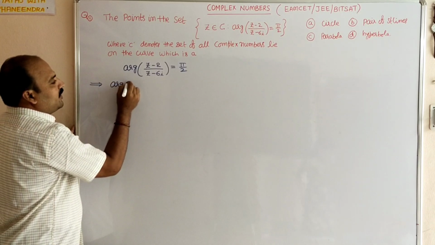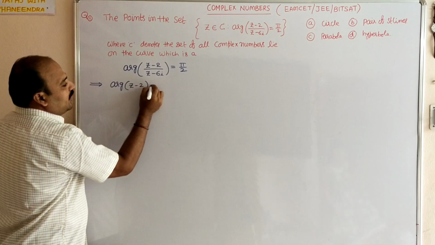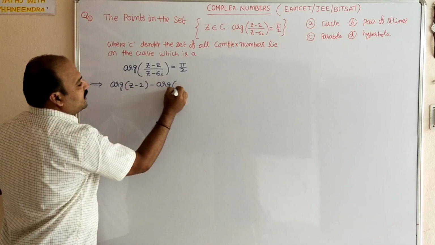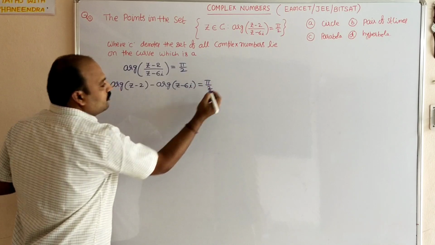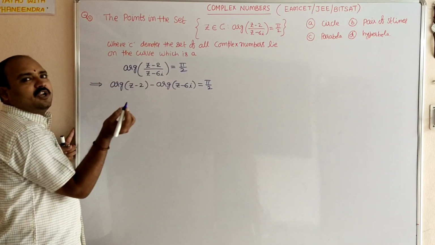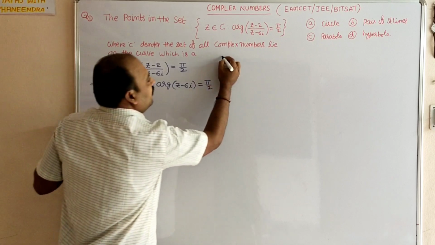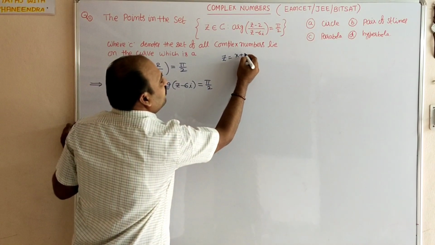So argument of (z minus 2) minus argument of (z minus 6i) is equal to pi by 2. What does z represent? Generally, z is equal to x plus iy. Here, z is equal to x plus iy.